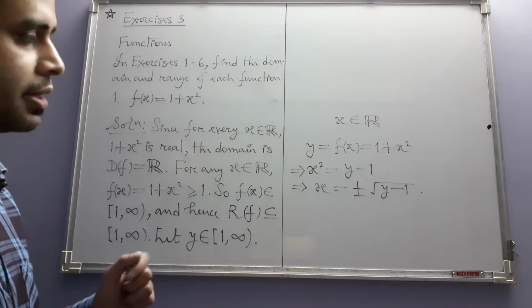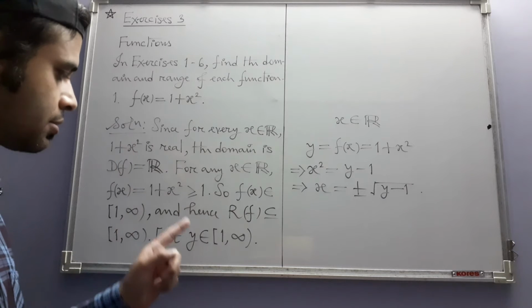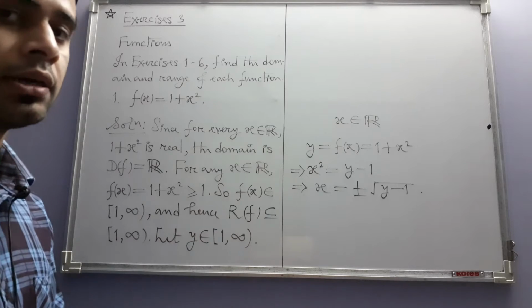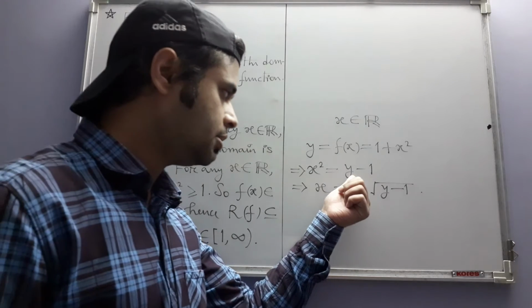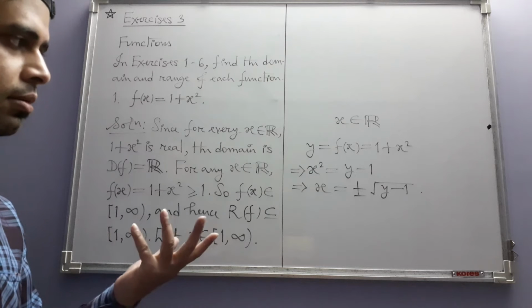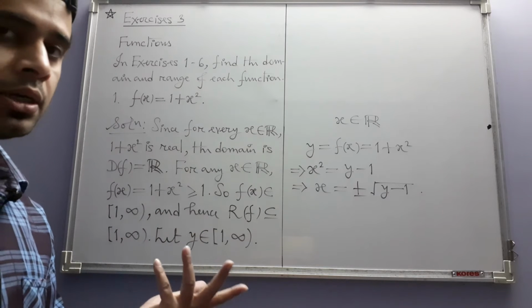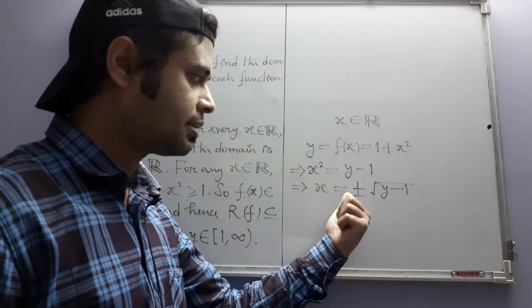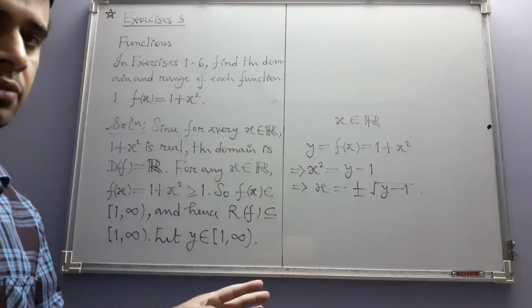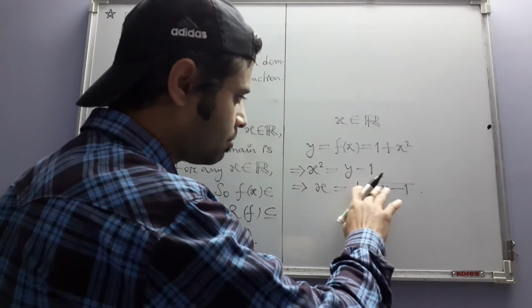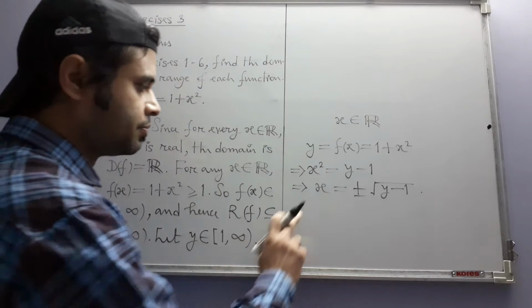Note that things make sense because y is here, and so y is greater than or equal to 1. So this y minus 1 is a non-negative real number. And being a non-negative real number, it has a square root. In fact, when it is positive, it has two different square roots. One of them is positive and the other is negative. So one of them is enough for us.